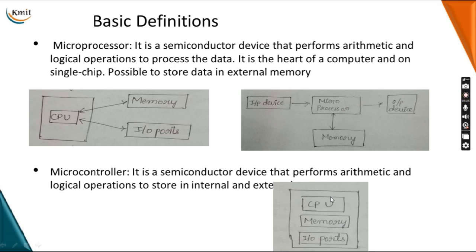Getting the point here? It can have internal memory as well as external memory. So whatever data is processed by the microcontroller, which performs arithmetic and logical operations and any number of operations, it can store the data into memory, internal or external.